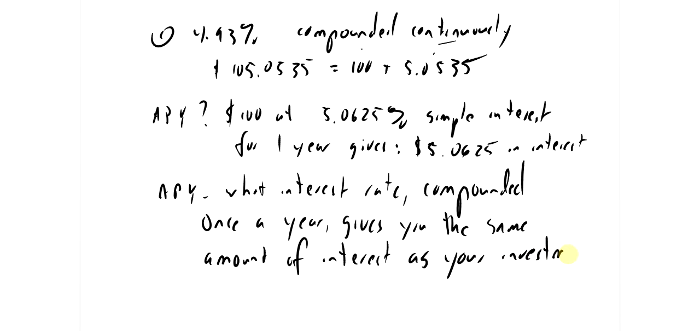So that's what the APY is. And so what it does is it allows you to compare by standardizing the period, it allows you to compare different investments, right? So if you see APY of 5.0625 and APY of 5.07, right, then the 5.07 is better, regardless of how many times it's being compounded, or those specific details.